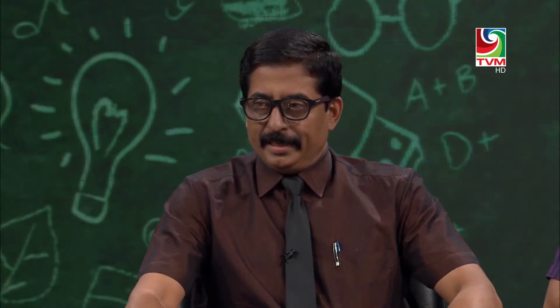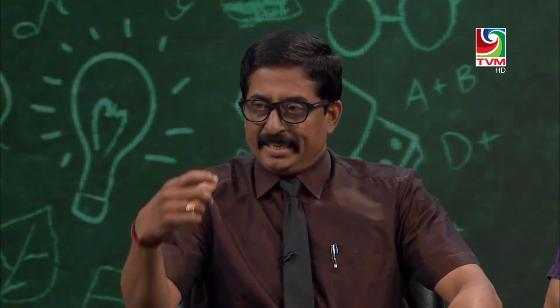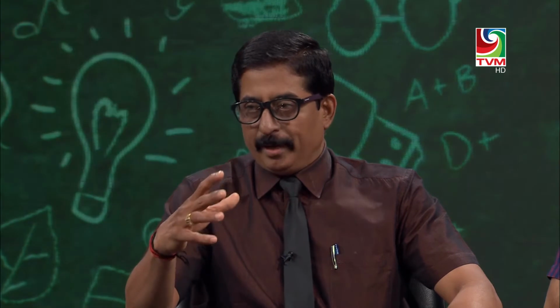Plenty of students would like to know what half-life is and how half-life is calculated. Could you explain that to us? Yeah, I can explain. Half-life is the time taken for the activity of the given sample to decrease by half.